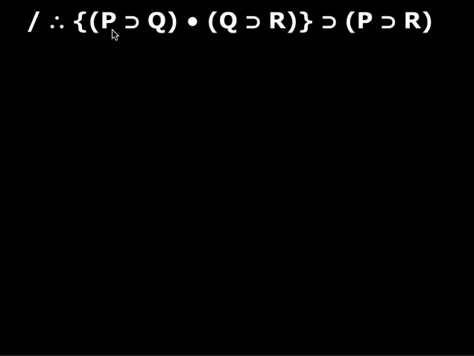Right? So if we were to write out the rule for hypothetical syllogism, we would have if P then Q on one line, if Q then R on another line, therefore you can derive if P then R. So conjoin everything above for the antecedent, and then the consequent, just use the thing below the line. And that's going to be a tautology. And then you can derive that tautology. You can use that for practice.